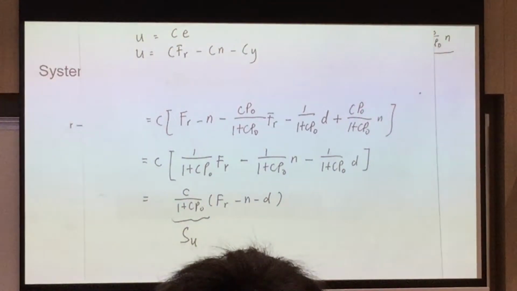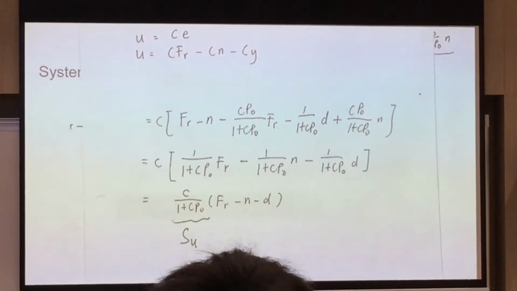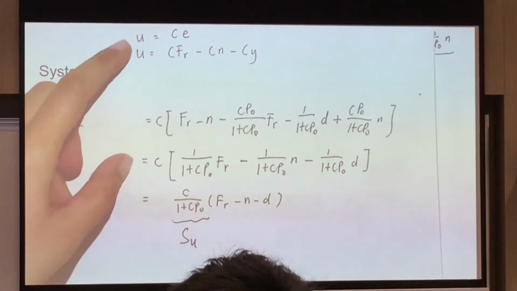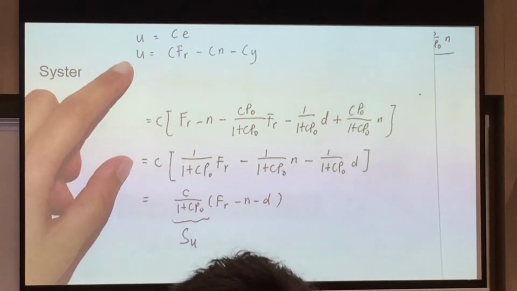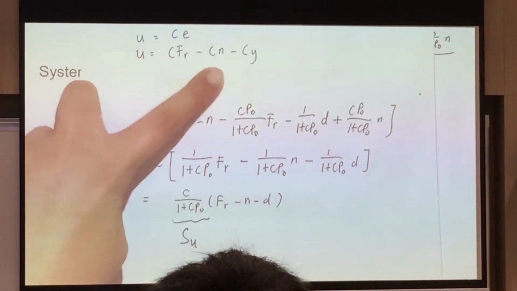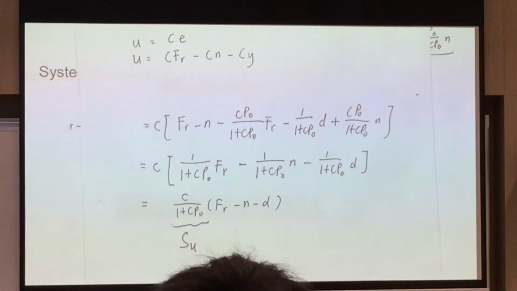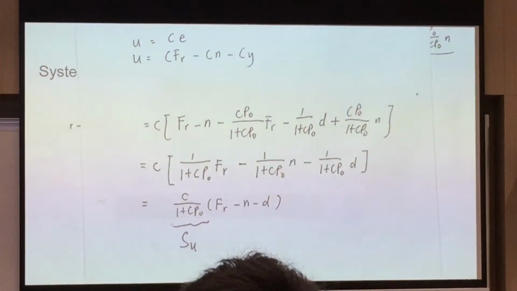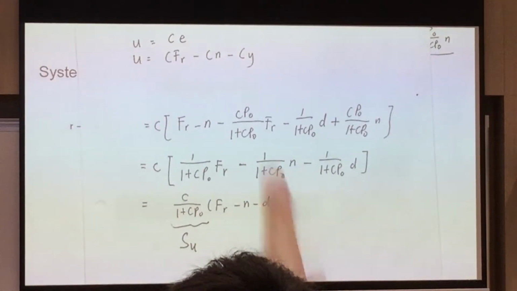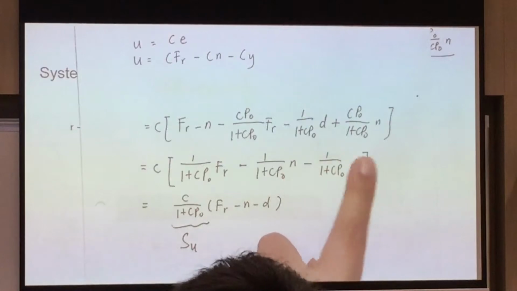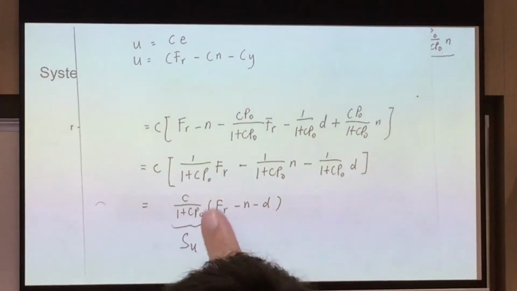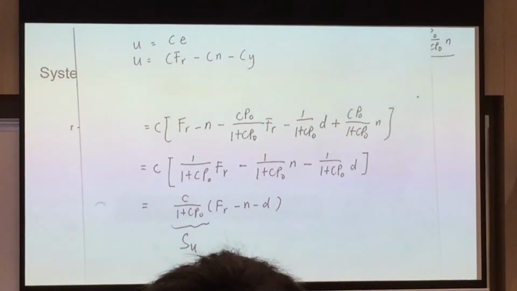Alright, so U is C times E. Okay, so U is C times FR minus C N minus C Y. Alright, all you need to do is put in the values for Y, so substitute Y into these three terms, recollect them and simplify.